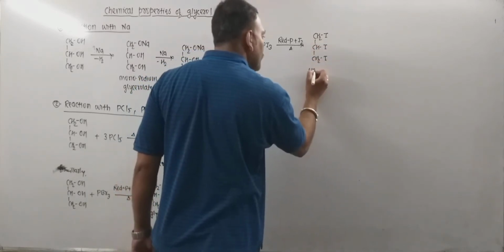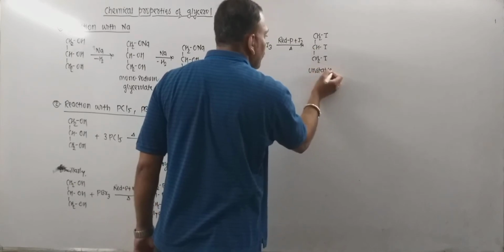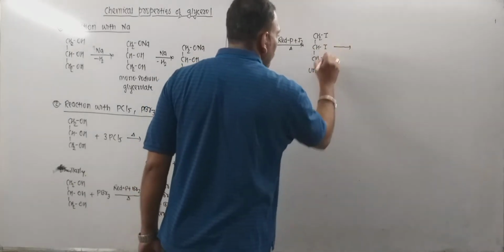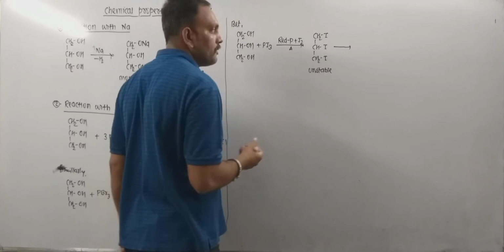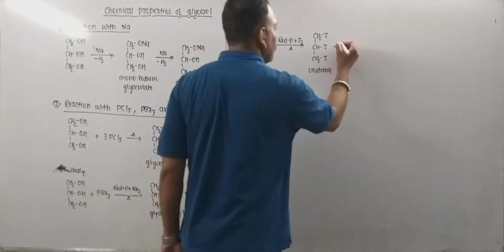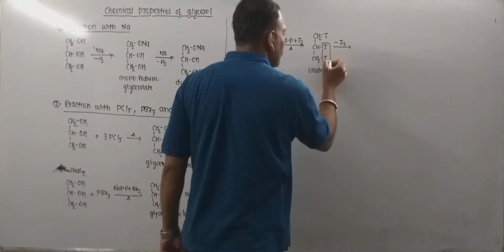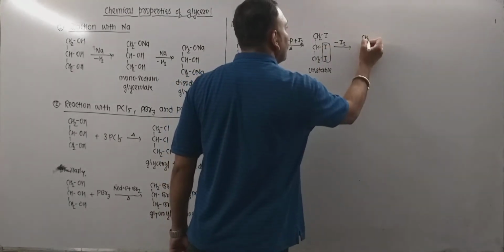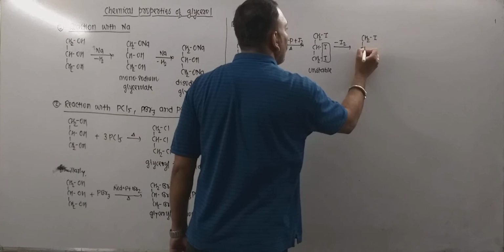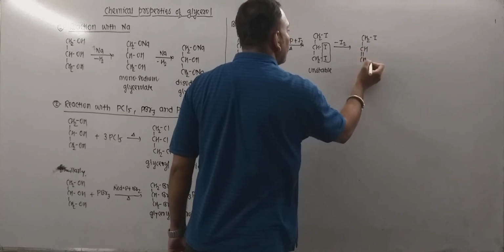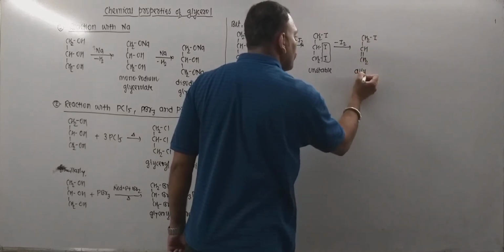But this glyceryl triiodide is unstable, as size of iodine is too high, I mean atomic size is bigger. That's why thereby liberation of iodine takes place from this site, and that lead to the formation of a product what we called allyl iodide.